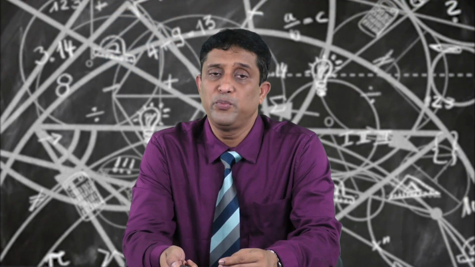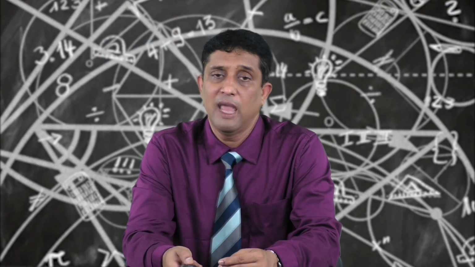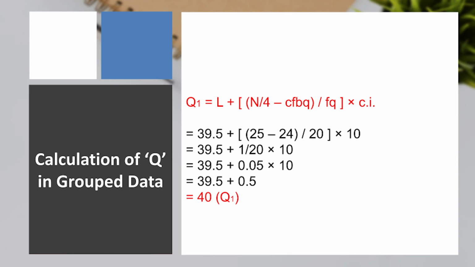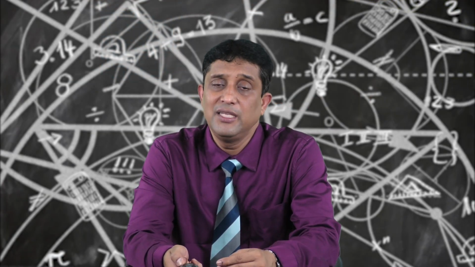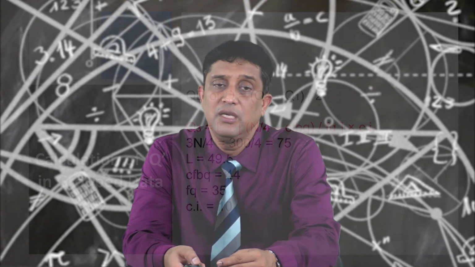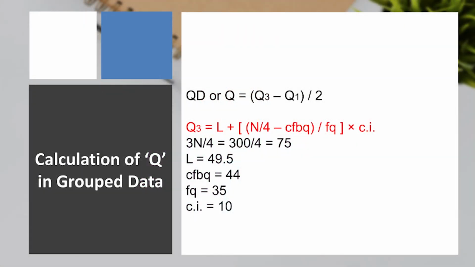Now you just put these values in the formula and simplify, and you will find the value is 40. So you can say Q1 of this distribution, the first quartile value, is 40. Then accordingly in the third quartile, 3N by 4, here there is an error.